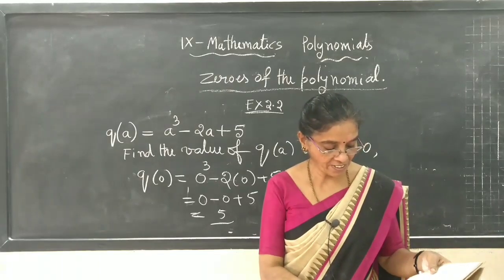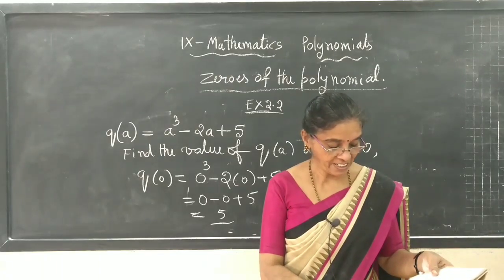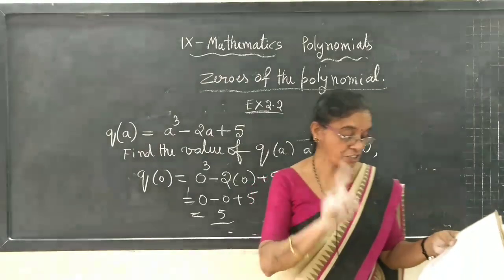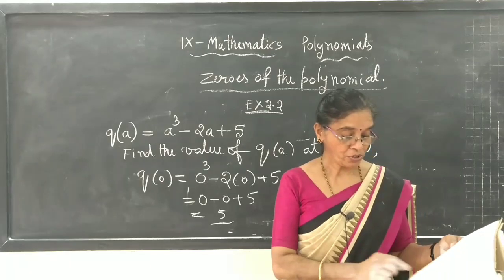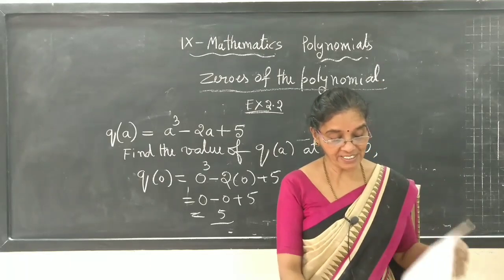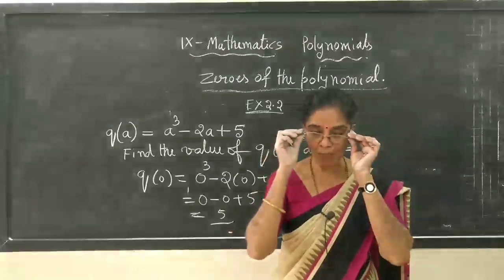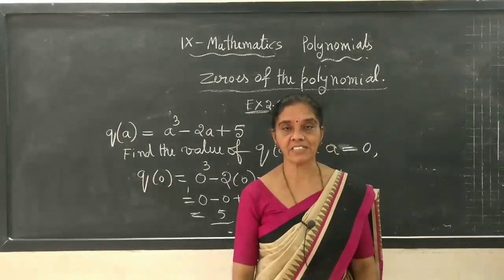And the second one also you can try. Find p(0), meaning the value of p at 0, 1 and 2. So try the first and second. It is the homework. Then we will learn the zero of the polynomial correctly next class. Thank you.